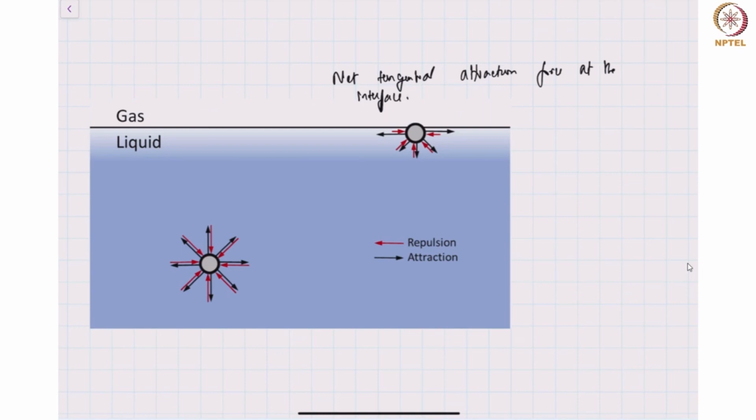This is exactly the molecular origin of surface tension. This is a mechanistic view of where surface tension is coming from. We can also look at the same idea in a different way that is discussed at length in Sir Michael Berry's paper.